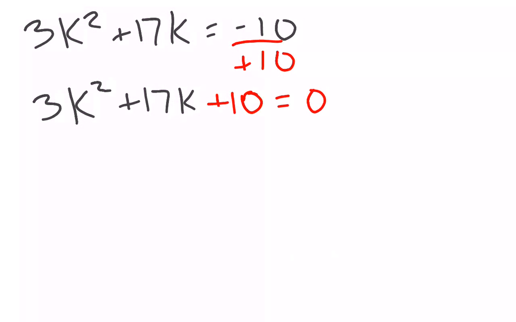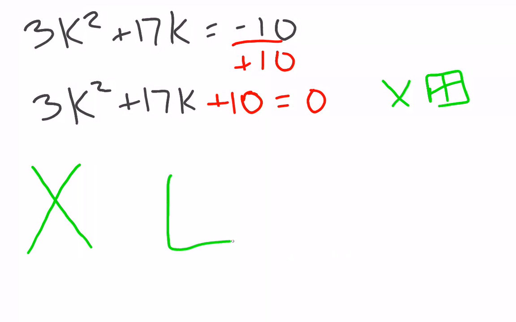Now I need to factor. Do I have a GCF? No, there's nothing that goes into 3, 17, and 10. Then I say, how many terms do I have? 3. Is a 1? No, so I need to use the X box. And this is one of those cases where I would go ahead, draw your X, draw your box so you don't forget it once we've done all this work.